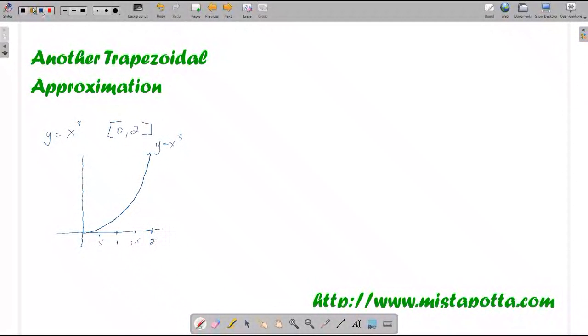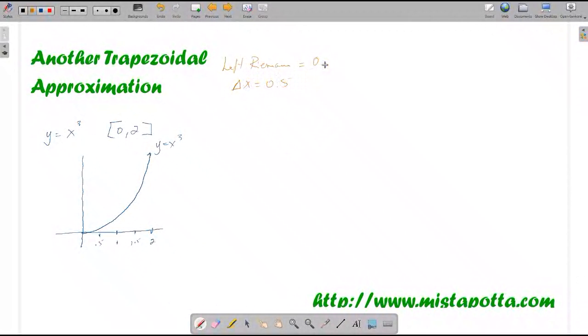So if I'm looking at it from my left Riemann sum, my delta x for both of these problems is going to be 0.5.